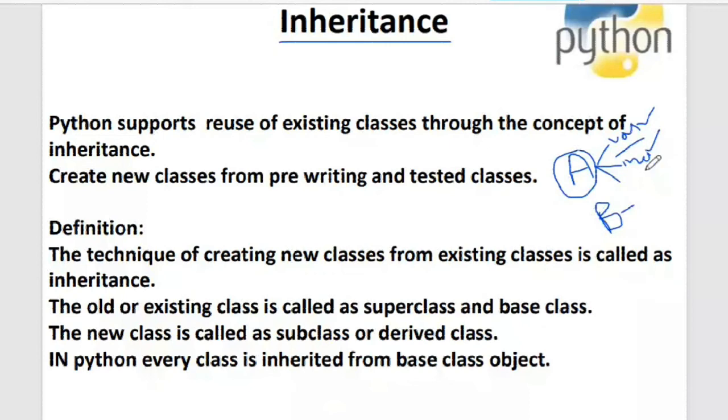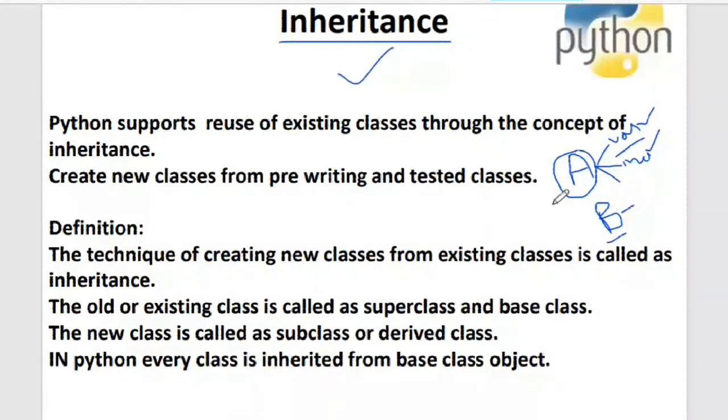B wants to access or get the variables and the methods of class A. It is not possible for B to acquire the properties of A unless they are bound by inheritance. So that is the concept over here.